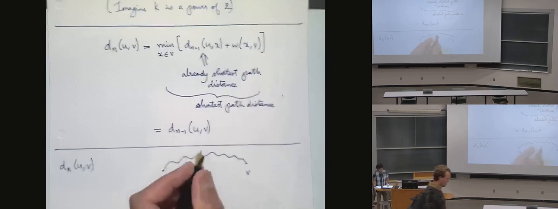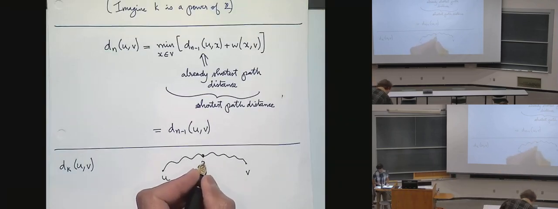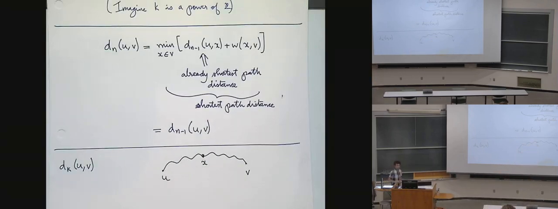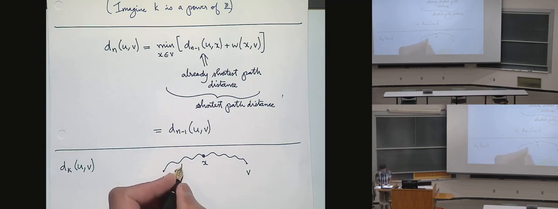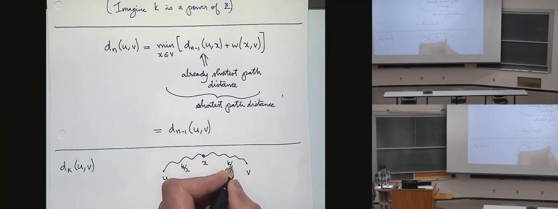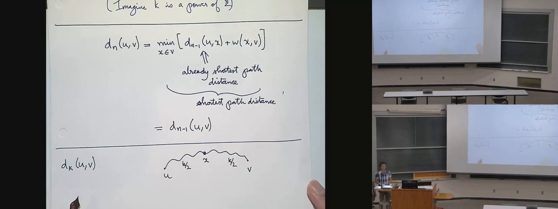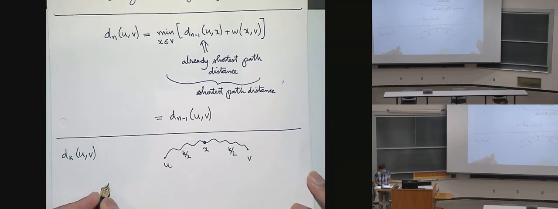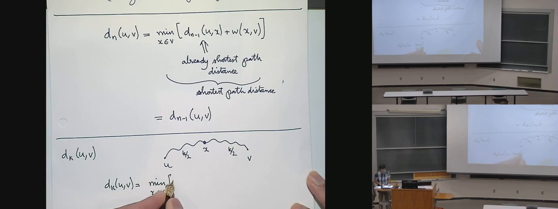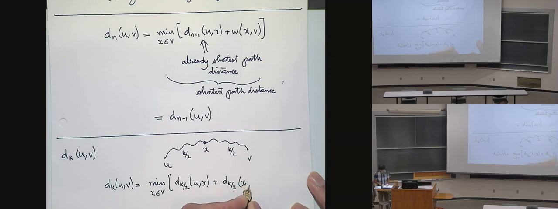But instead, what I could do is try to find the midpoint of this path, get to the midpoint, so this would be k over 2 and this would be k over 2. And so what this means is I could say d_k of uv, the distance, is also the min over all x in V of d_{k/2} ux plus d_{k/2} xv.